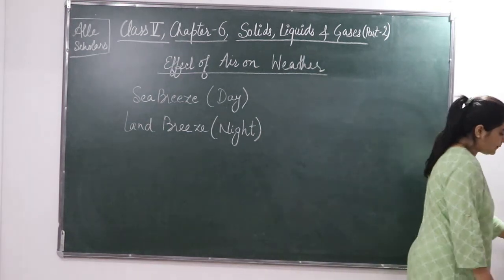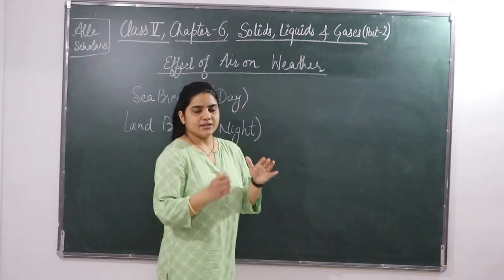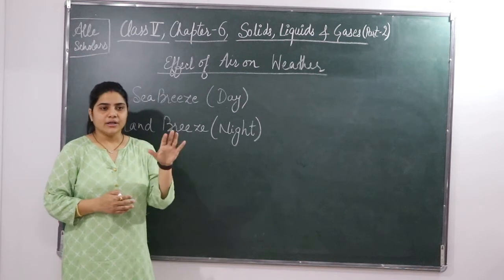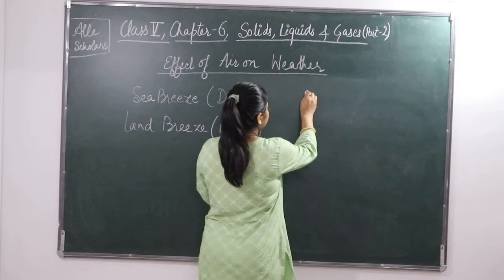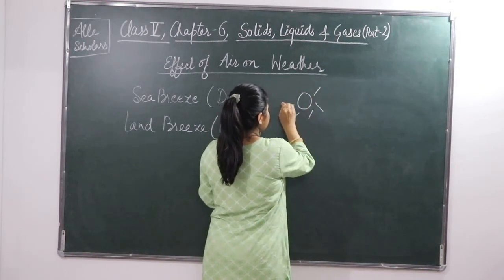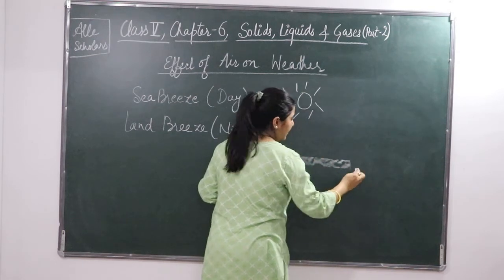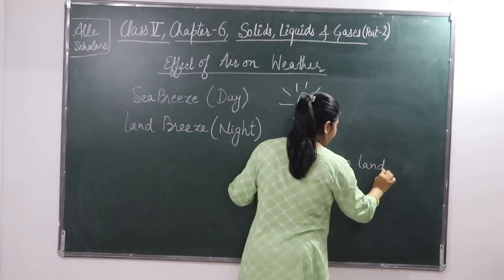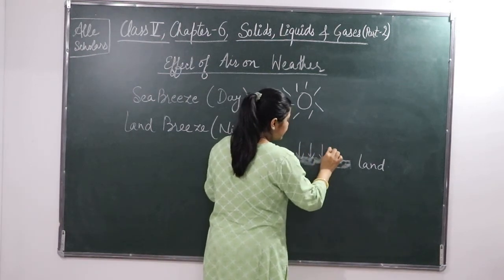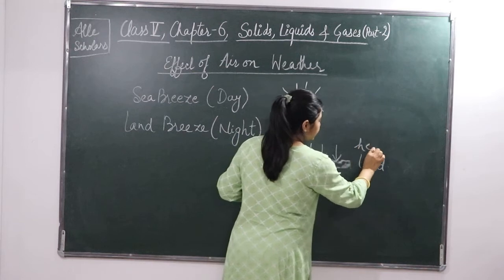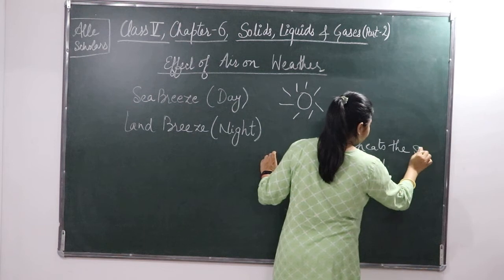What is going to happen when the sun shines? It is very hot and it makes the upper surface hot. So this is the sun, and here is our land. This hot sun heats the surface of land.